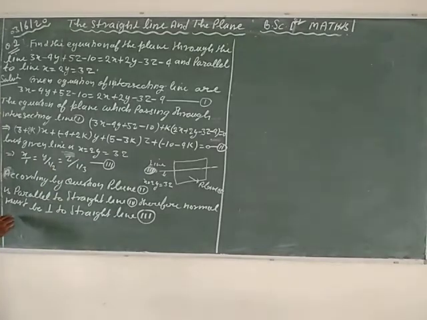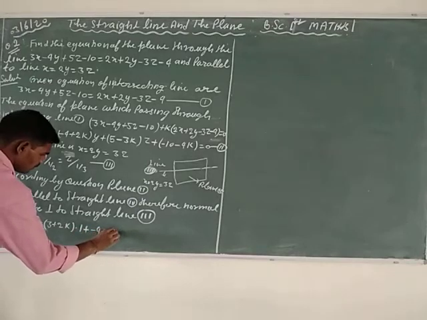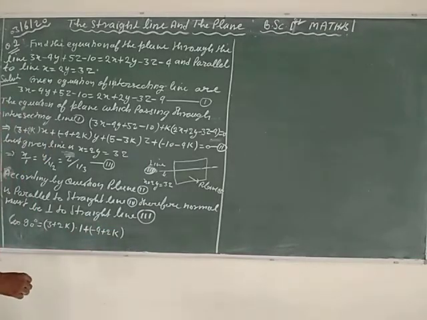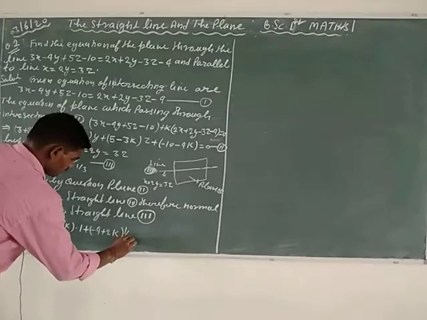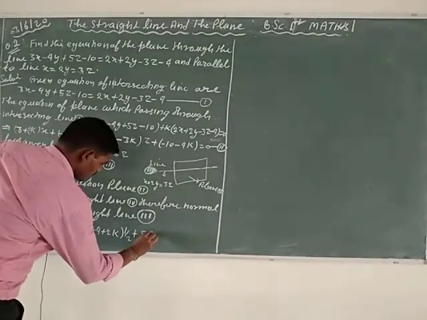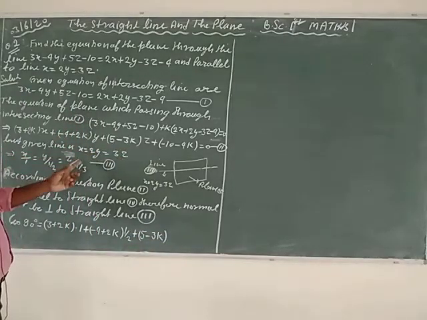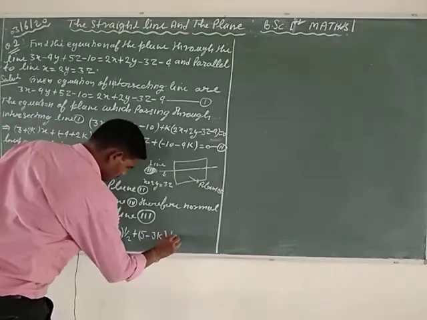So cos 90 is equal to, using the direct formula for the angle between two lines, 1 into 3 plus 2k into 1, plus minus 4 plus 2k times minus 2, 1 by 2, plus 5 minus 3k times 1 by 3.